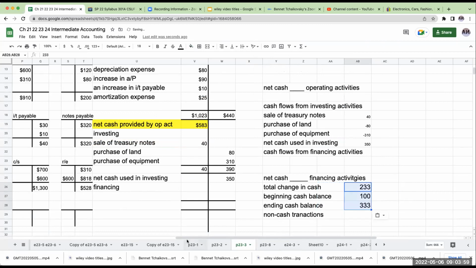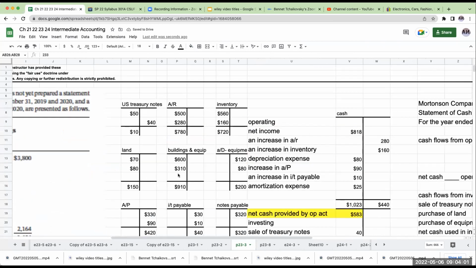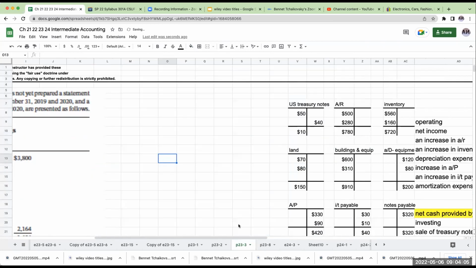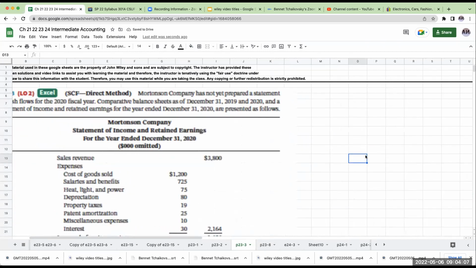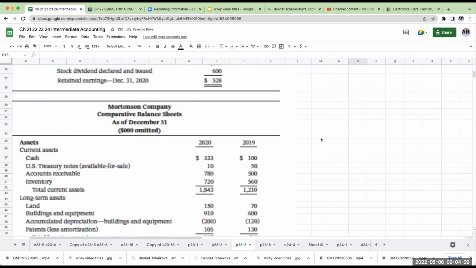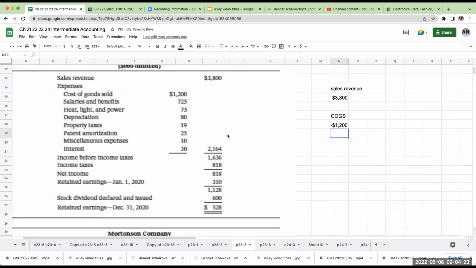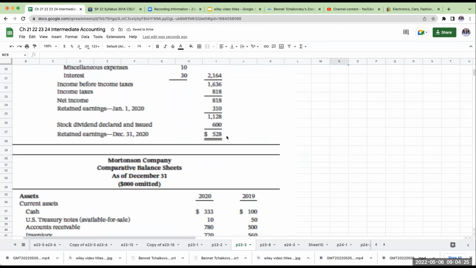Okay. So let's go over here. And we kind of developed a new methodology for dealing with, it's probably not new, I don't know, you kind of figure it out. So when we're dealing with the operating section, we're going to be taking things like sales revenue. And this is 3,800. We have cost of goods sold, which is negative 1,200. Heat, light, and power, salaries and benefits.